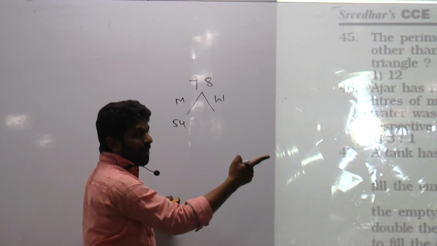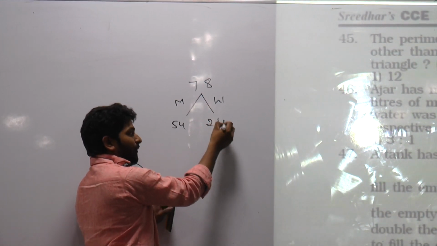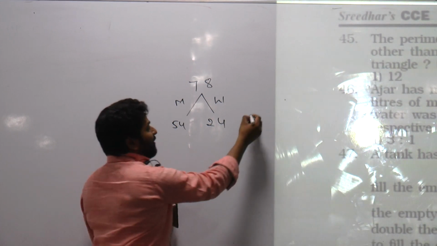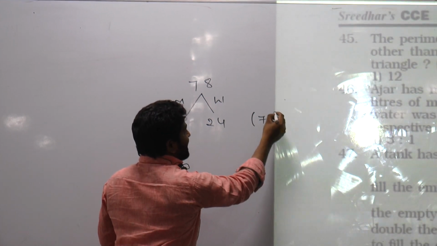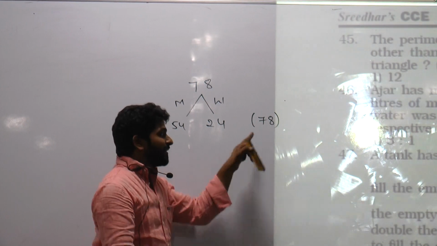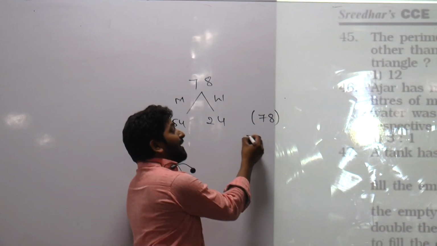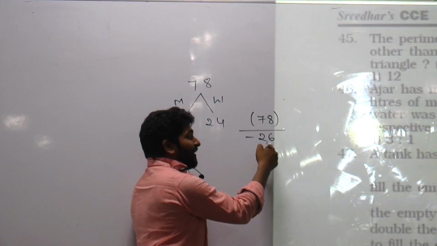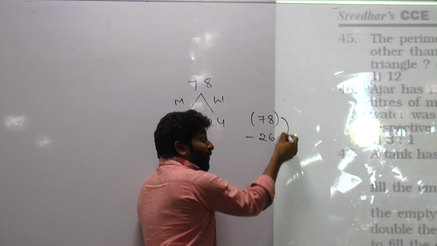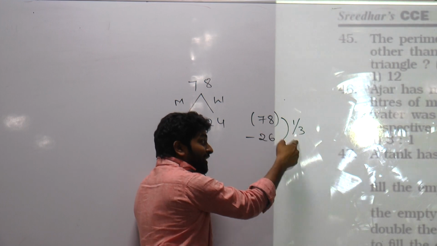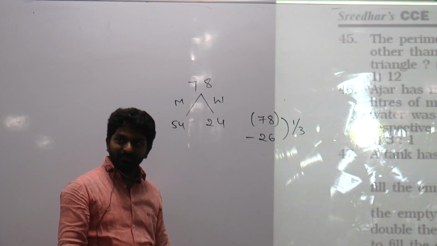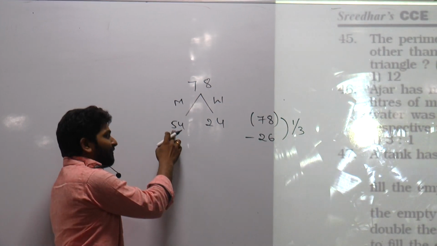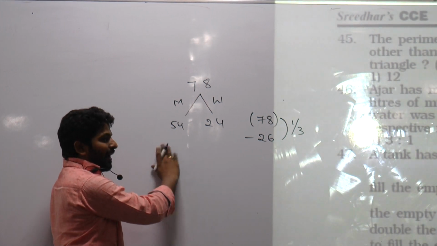Water occupies 4 parts, which is 6 fours, 24. So total quantity is 78. From this container, how many liters of the quantity is taken out? 26 liters. 26 is 1/3 of the initial quantity, correct? Yes or no? So 1/3 of the quantity will be taken out from milk and water portion.